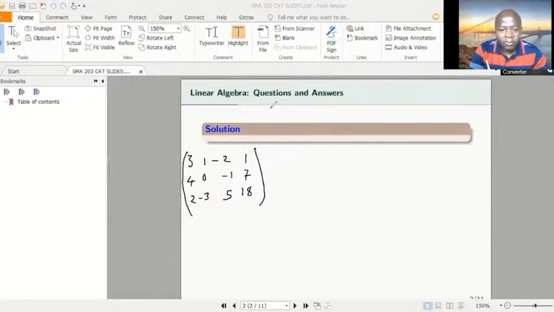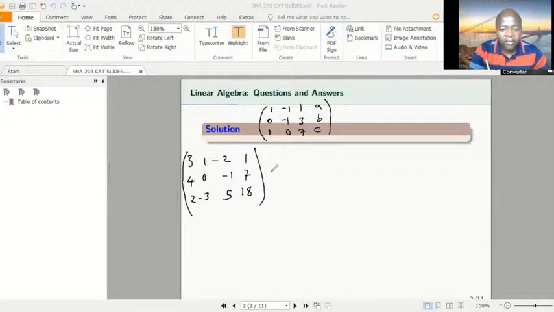We're supposed to achieve 1, -1, 1, R, and then 0, -1, 3, B, then 0, 0, 7, C. So this is what we're supposed to achieve. We want to work out this matrix until we obtain this other matrix that we've been given.